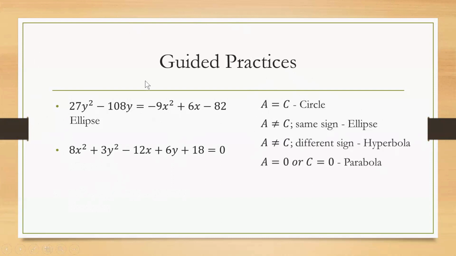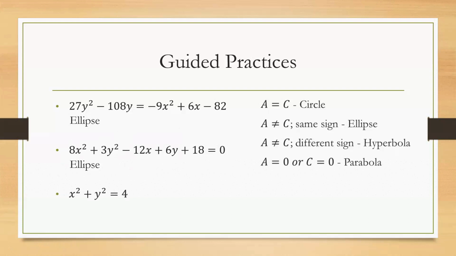And then we go back to the guide and we notice that it is an ellipse. Why? Because the a and c coefficients are not the same, but they have the same sign. It's that easy.